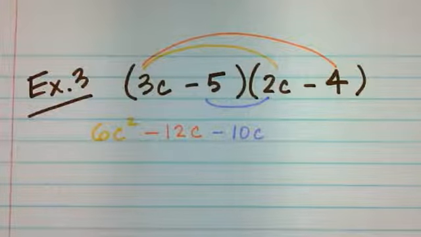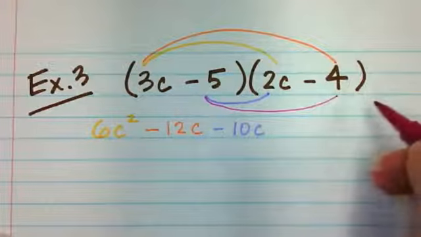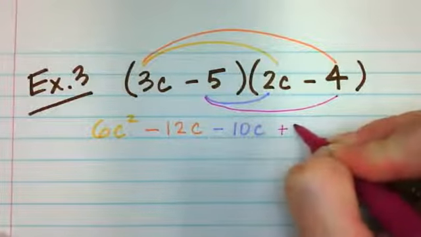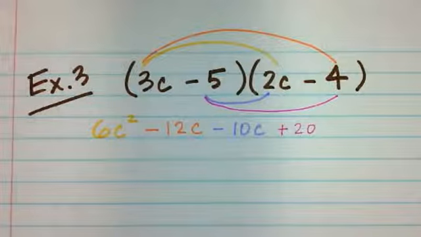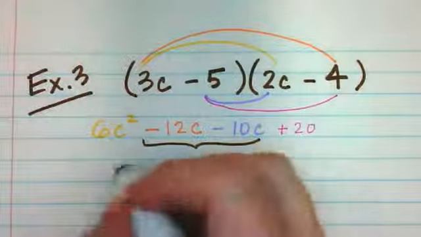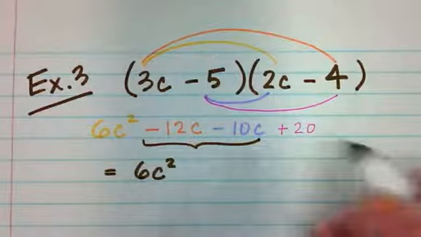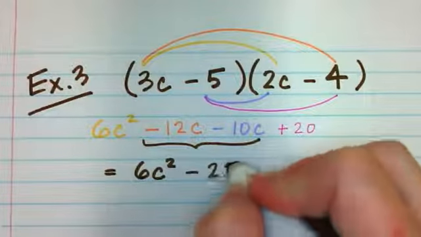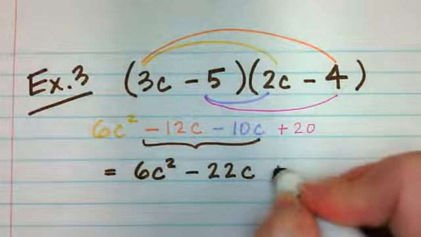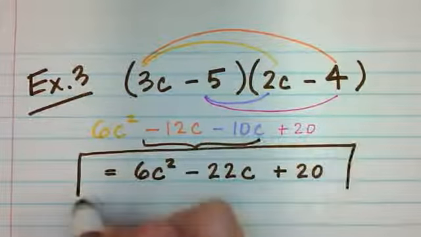And then the last terms: negative 5 times negative 4 would be positive 20. Then we look for like terms, and sure enough, we have like terms right here. So our simplified answer is 6c squared minus 22c plus 20. And that is our answer.